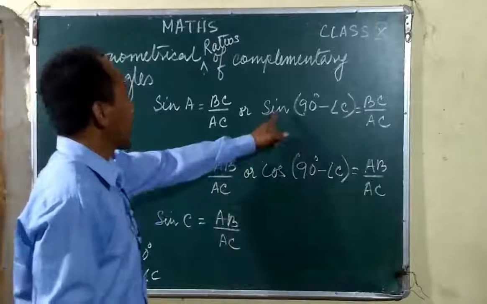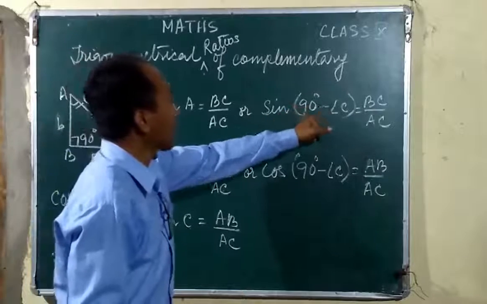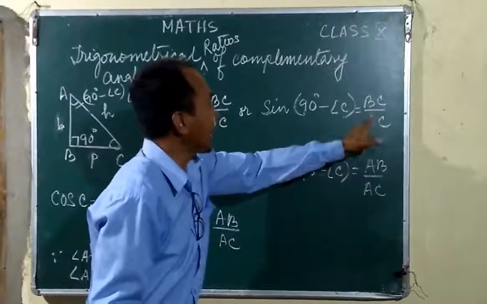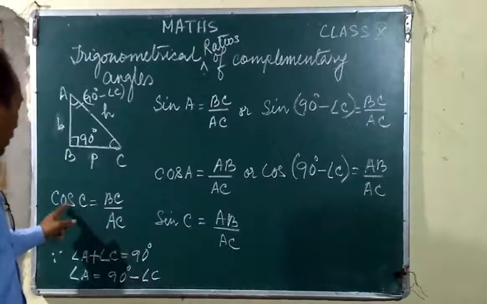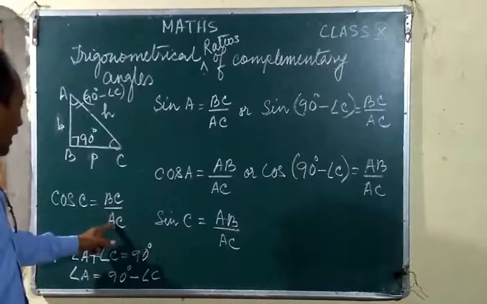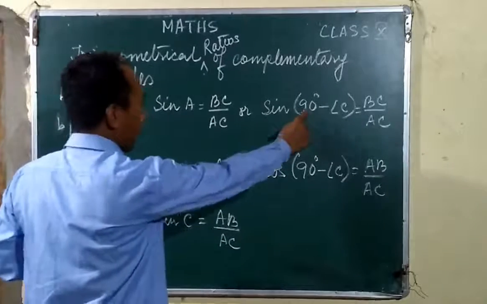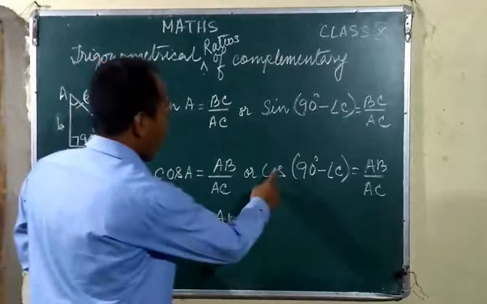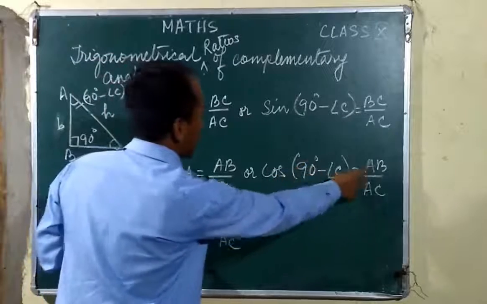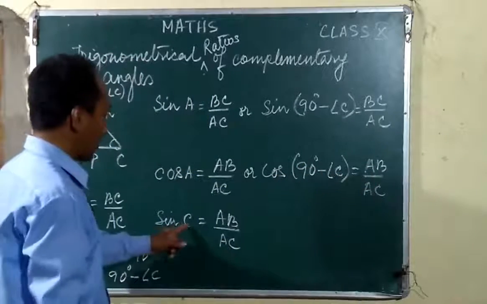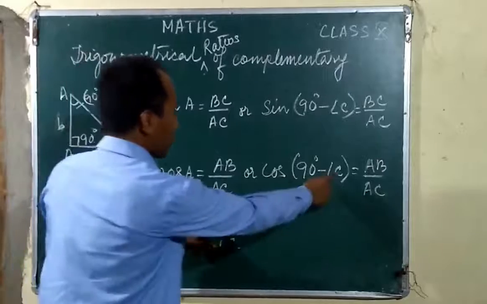Now you see here, sin 90 degree minus angle C is BC by AC, and here cos C is BC by AC. These two are same. Now cos 90 degree minus C equals AB by AC. Here sin C equals AB by AC. These two are same.